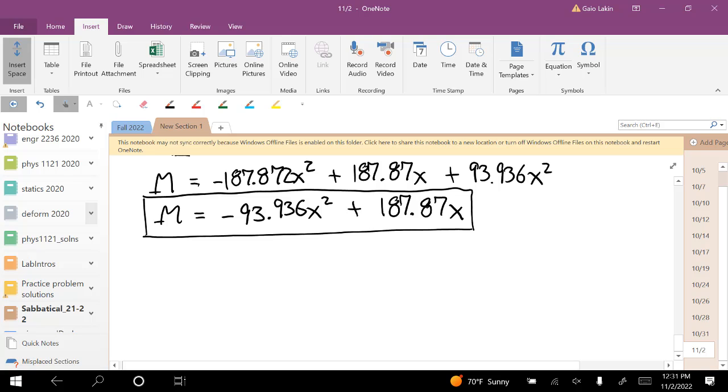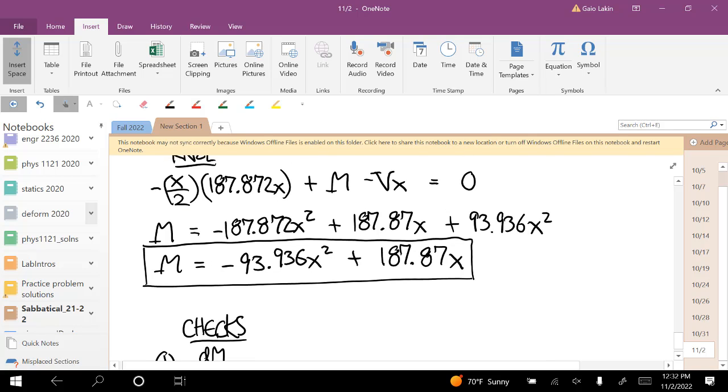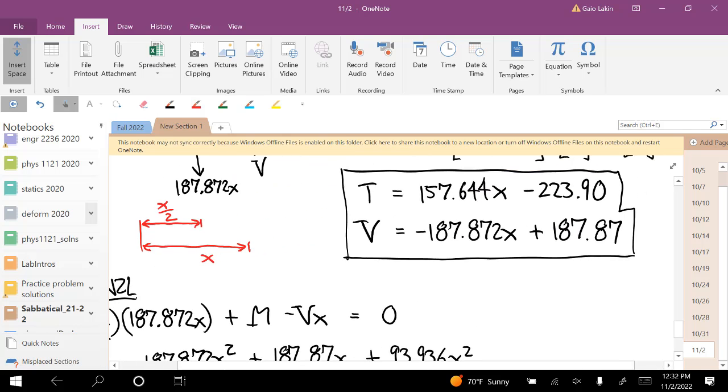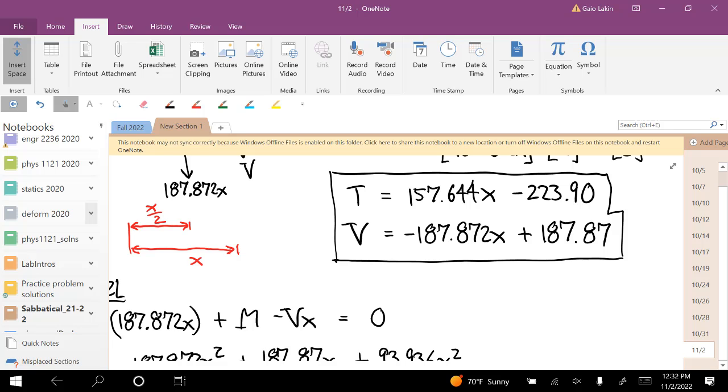All the checks that I talked about recently still work. And actually, there's one that we haven't seen before. Okay, so dm/dx is negative 187x plus 187, and that's equal to v. So that one works.